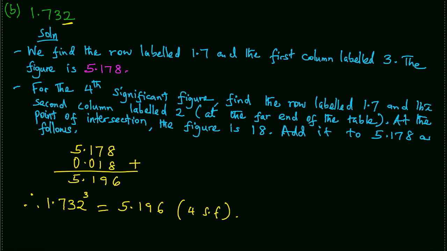Therefore, we add 18 to 5.178 as follows. And the result is 5.196. And therefore, the cube of 1.732 is 5.196 to 4 significant figures.